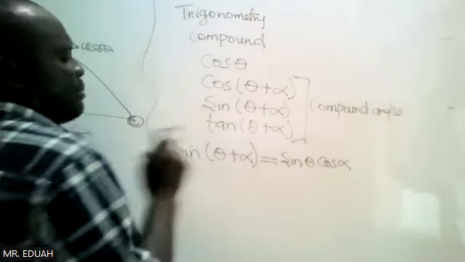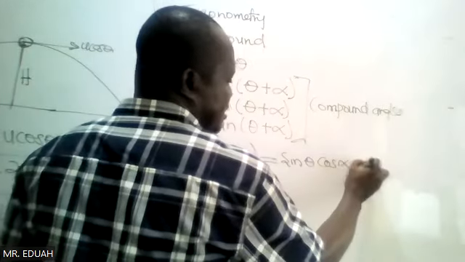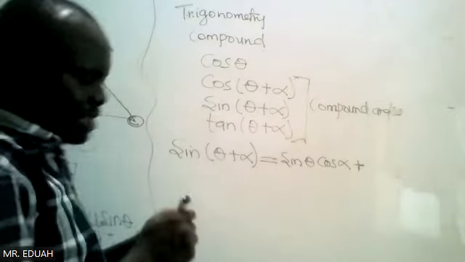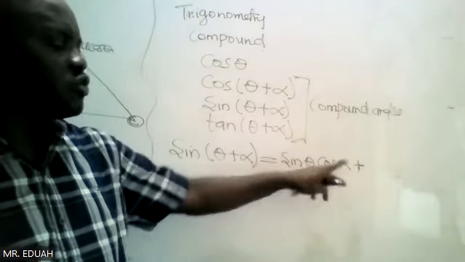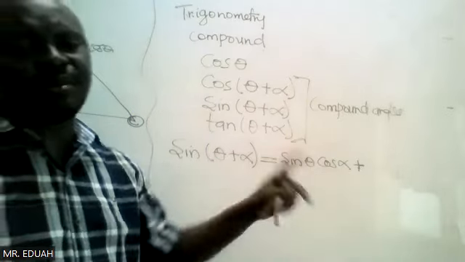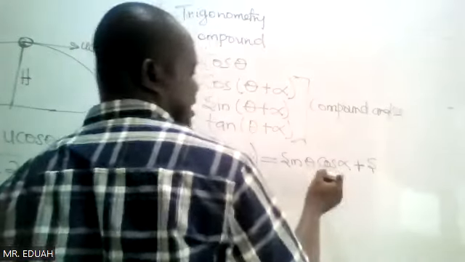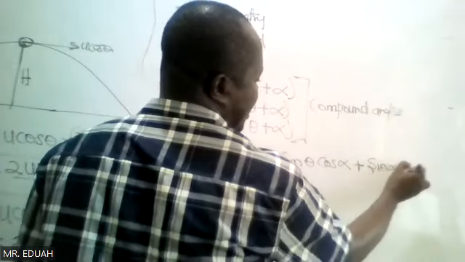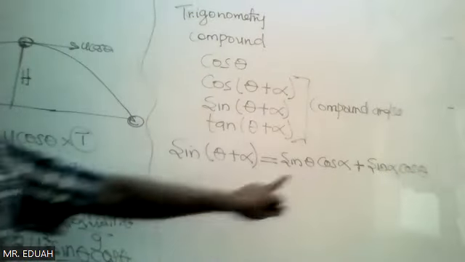Let me maintain my plus. Then, you see, in the first term, sine took theta, cos took alpha. In the second term, they will swap. So this time sine will take alpha: sine alpha cos theta. That's the expansion of this.